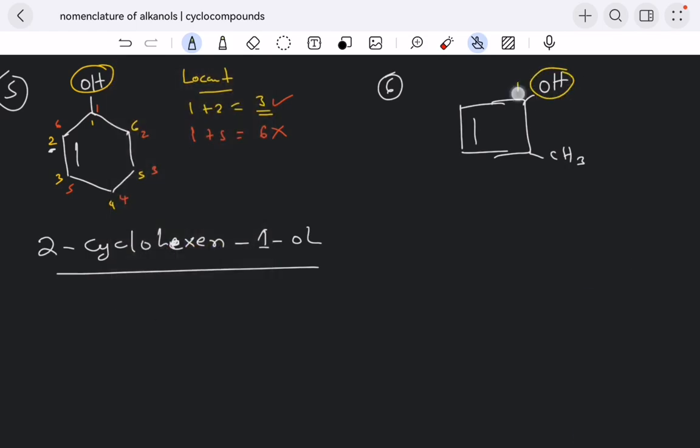So the correct counting will be 1, 2, 3, 4. So how do we name this? So we say 4-methyl. Then position number 2, we have a double bond. So it's going to be cyclobutene, then 1-OL. So that will be the name.